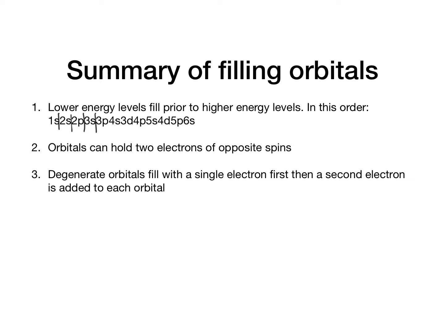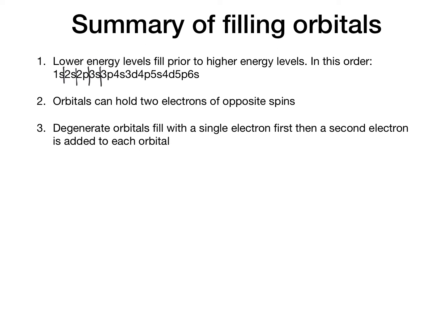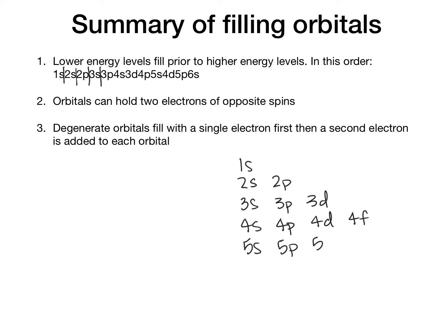So let's look at a graphic that might help us figure out how to fill these orbitals. So if you write the following, where each n has an additional orbital, 5p.